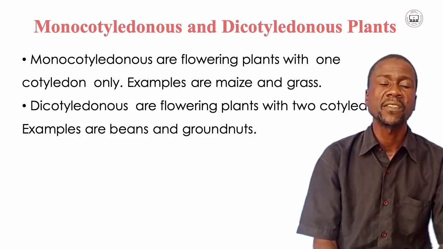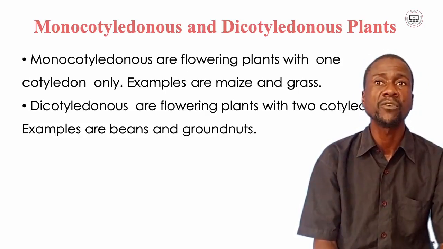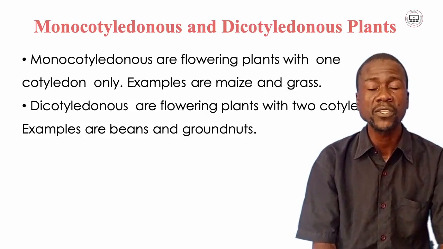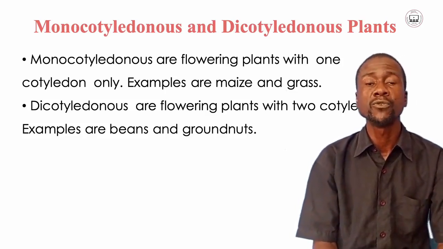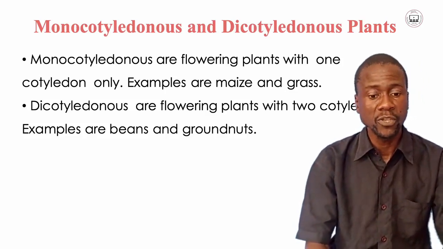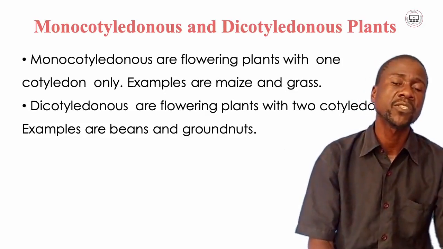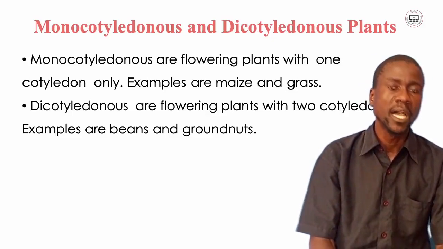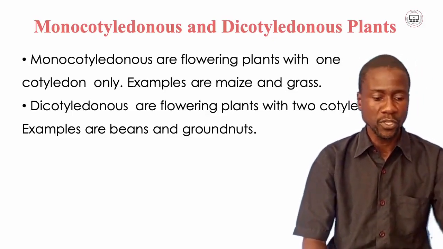You have discussed that there are plants which have two cotyledons, and these plants are called the dicotyledonous plants. And those plants with one cotyledon are regarded as monocotyledonous plants.